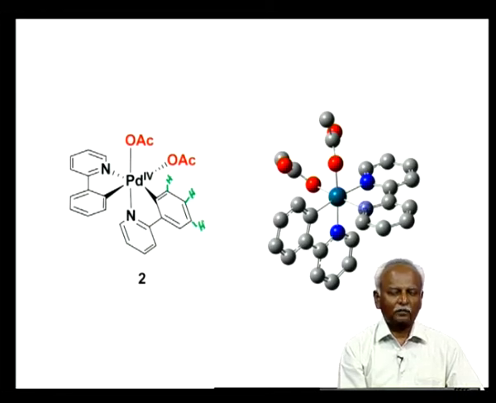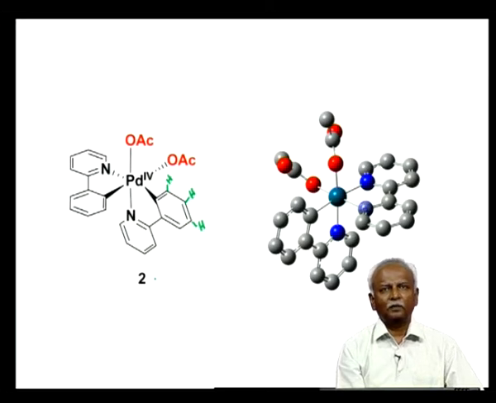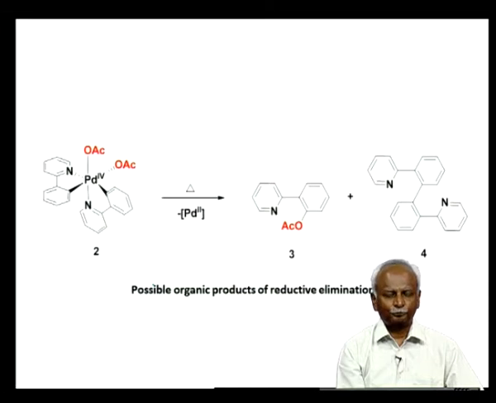So, you have 16 of these hydrogens on both rings, and all of them have a different environment. Since this is not particularly a spectroscopy class, we will not discuss the spectroscopy of it, but that allows them to characterize the structure of these molecules very well.